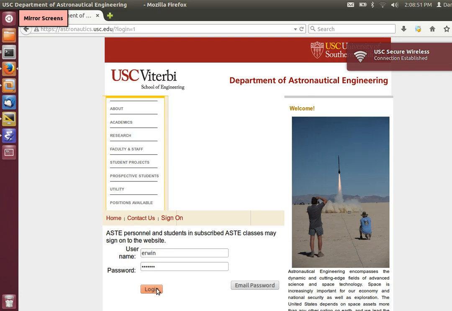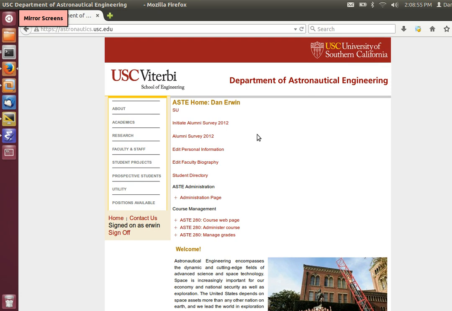Good. So I'm going to log in as me, which is of course different than when I log on as you. But when you're logged in, notice it says you're signed on as something. First of all, the website is not smart. It's not Shibboleth, so it doesn't use your USC password. You have your USC username, but you have your own kind of random password, which you can actually change on this website.